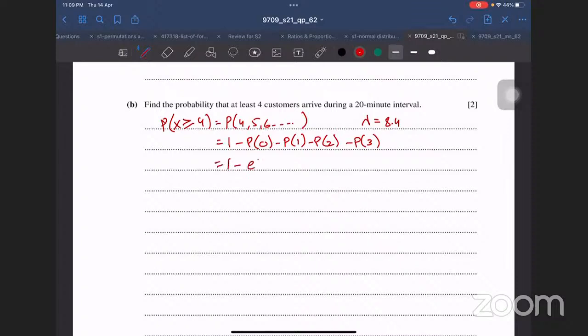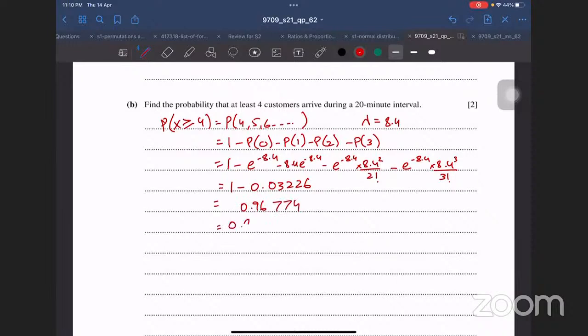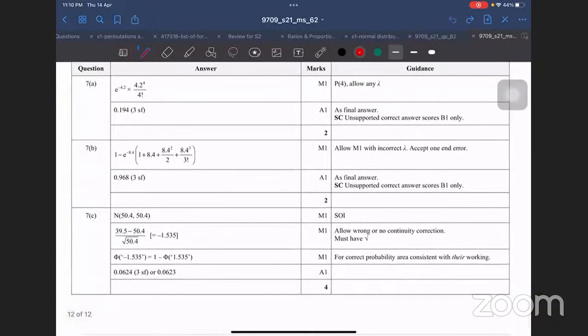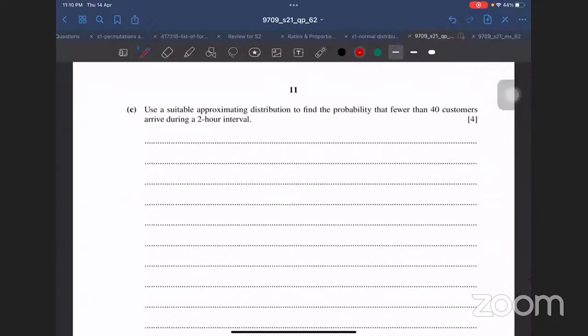This becomes 1 minus e power minus 8.4, minus 8.4 e power minus 8.4, minus e power minus 8.4 into 8.4 squared over 2 factorial, minus e power minus 8.4 into 8.4 cubed over 3 factorial. That gives 0.968.